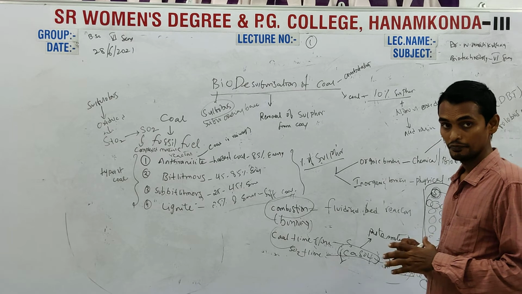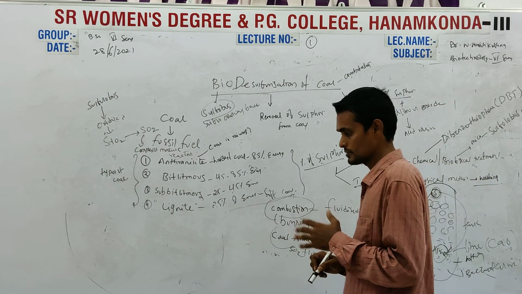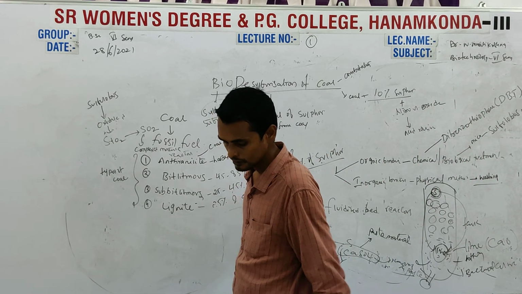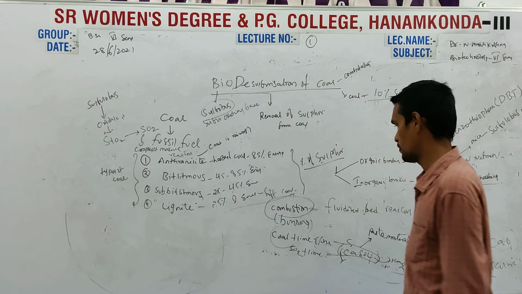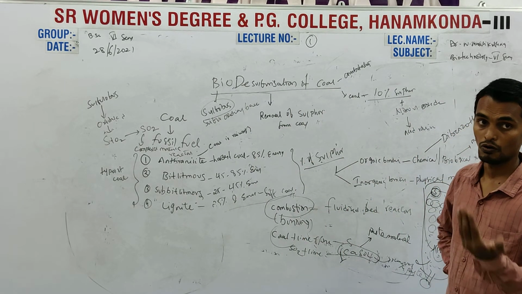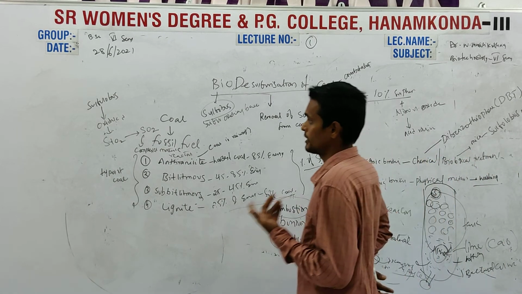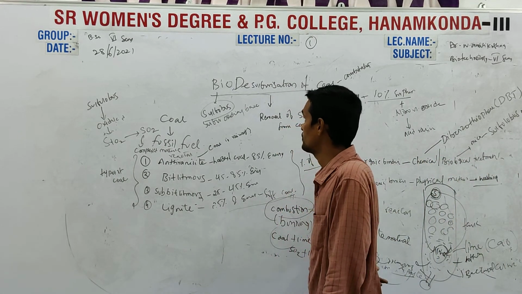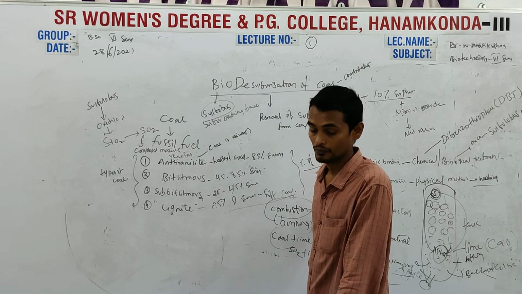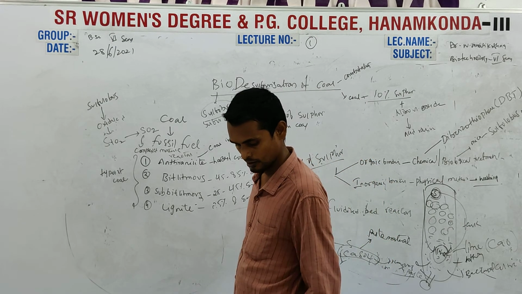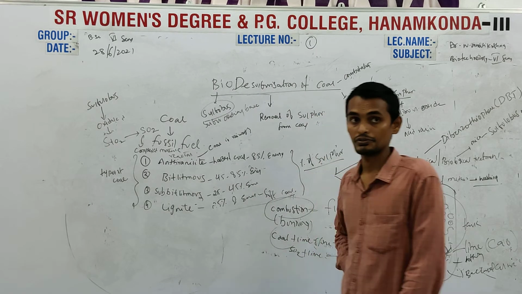The bacteria which have the ability to oxidize the sulfur coming from the combustion of coal oxidize it and it becomes less toxic. That is called biodesulfurization of coal.